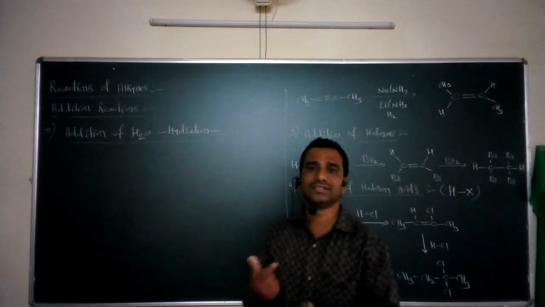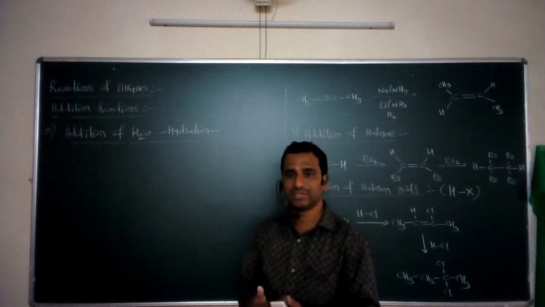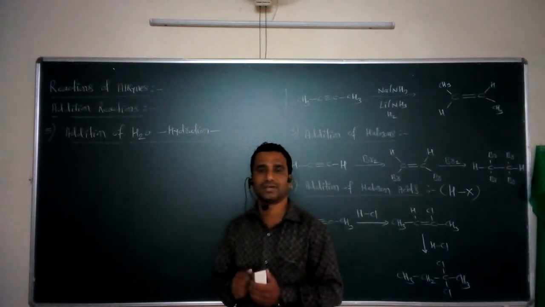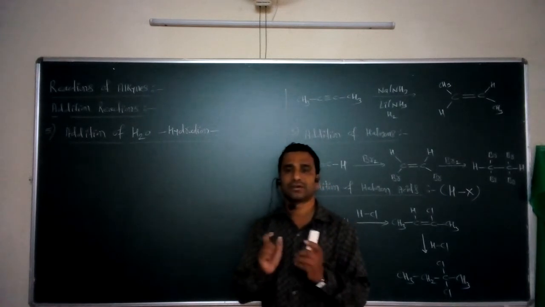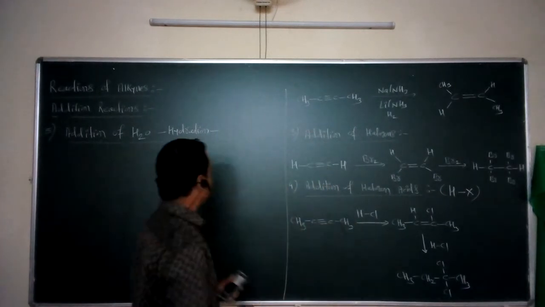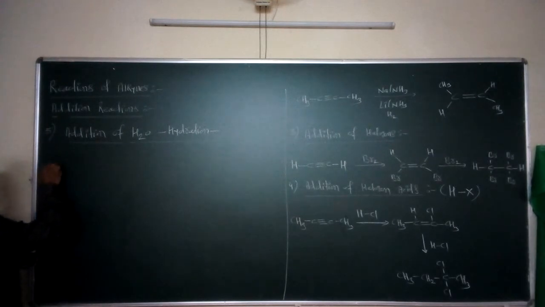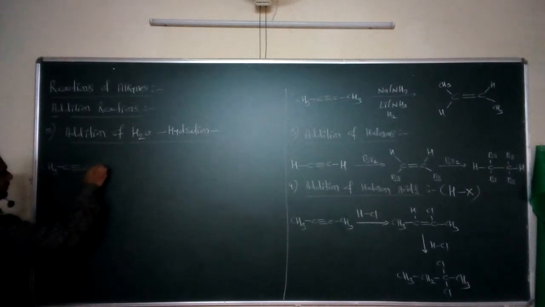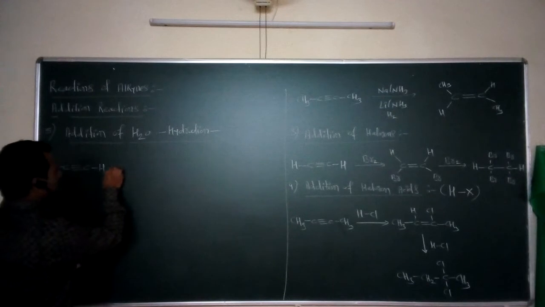Again this is an addition type of reaction. Whenever the addition of H2O takes place across the carbon triple bond, again we have to take the help of Markovnikov's rule. For this purpose I take a simple example of an alkyne, CH3-C≡C-H, propyne.